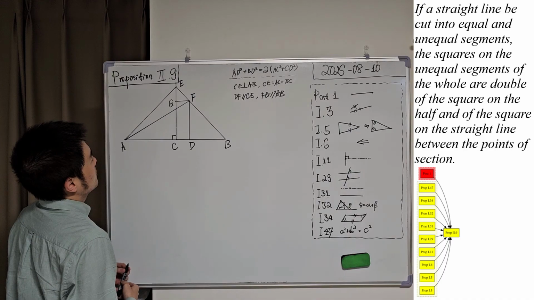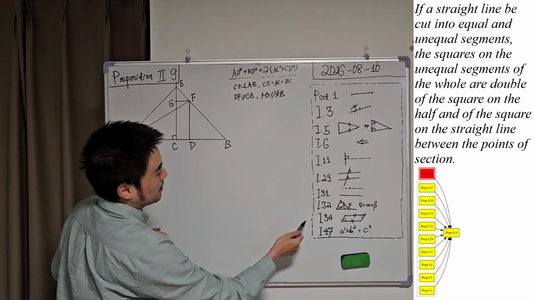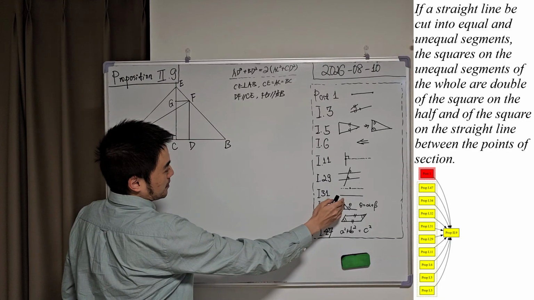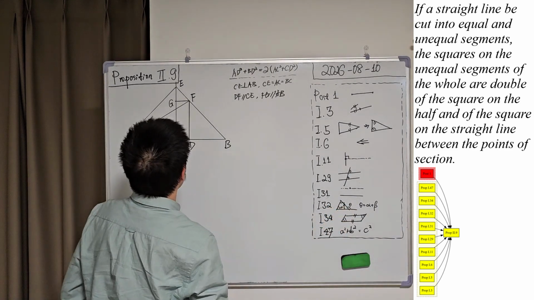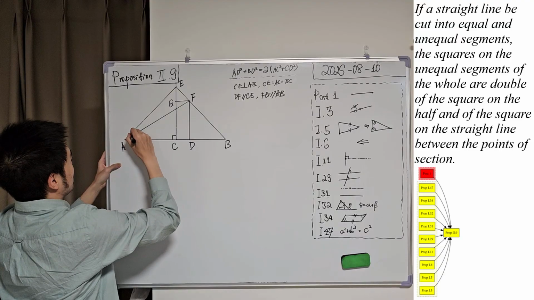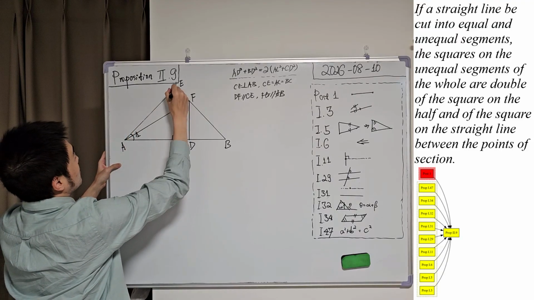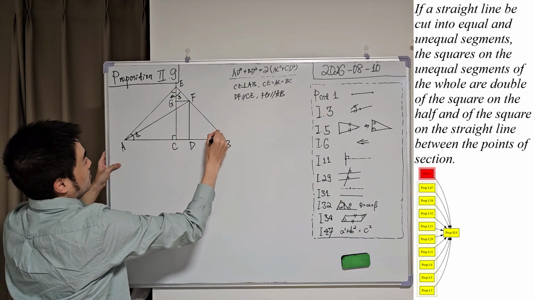So first of all, please recall Proposition 32 from Book 1. The two opposite interior angles, the sum of them is equal to the opposite exterior angle. So have a look at this triangle ACE. Let's mark them as angle 1, angle 2, angle 3, and angle 4.